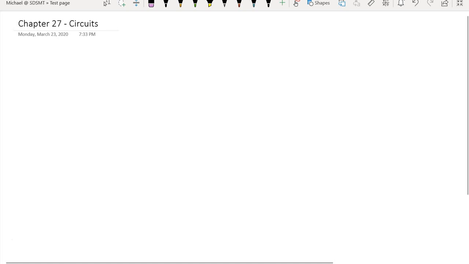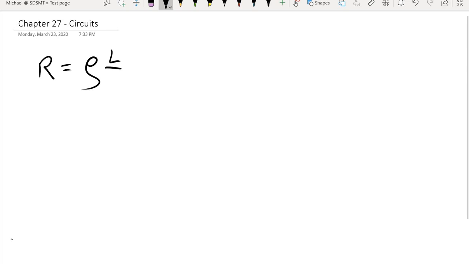Chapter 27 is about circuits. In the previous chapter we covered resistors, resistance, and resistivity. We learned that the resistance of an object is based on the resistivity, length, and cross-sectional area, where the resistivity is a material property of our resistor.